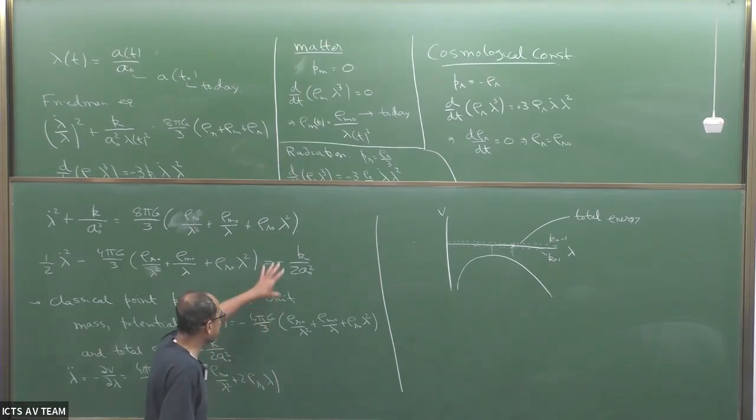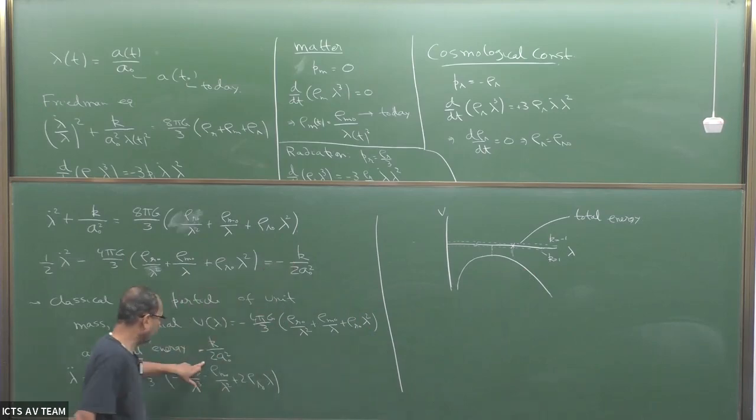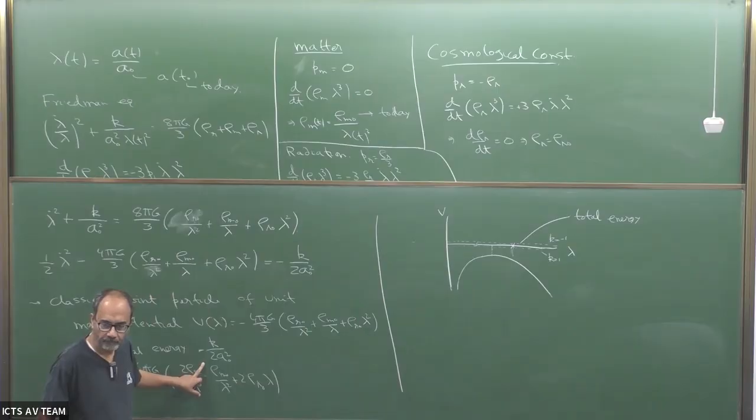These are on the right hand side. These are the total energy. I am also plotting the total energy in this plot. Lambda dot can never become 0.